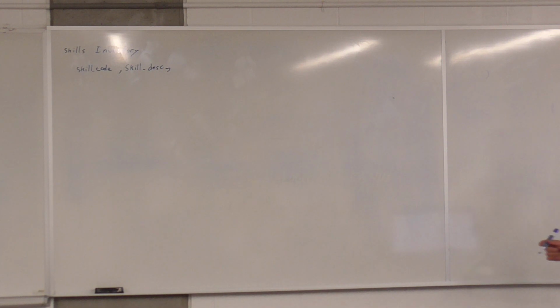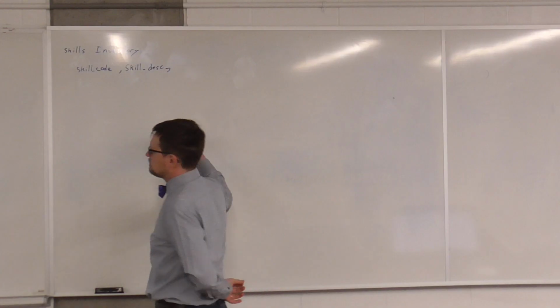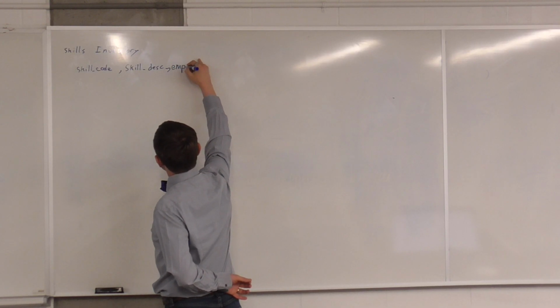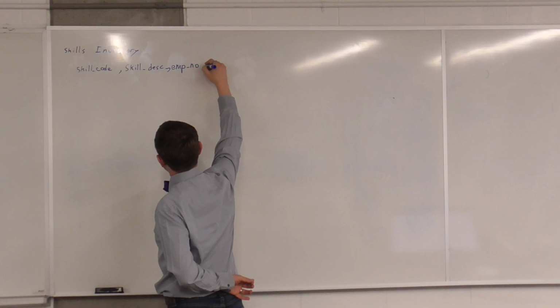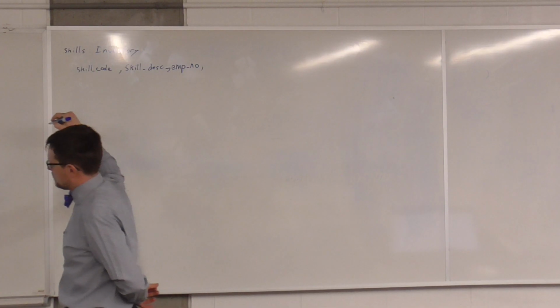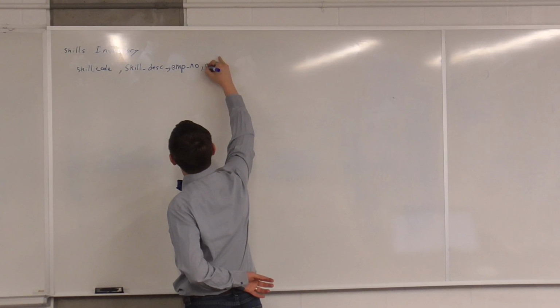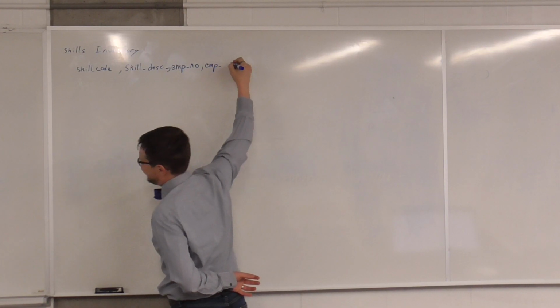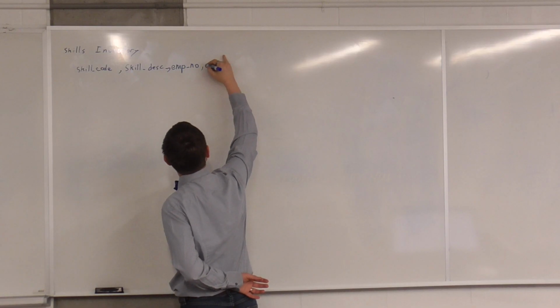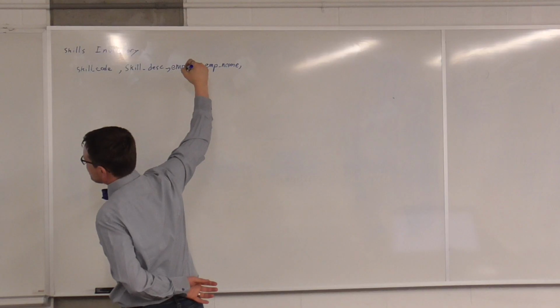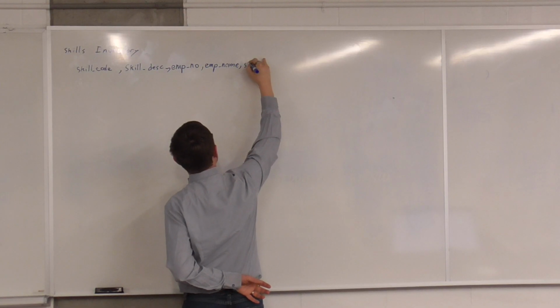So, skill code, skill description. What else? Employee number. And of course, skill level.